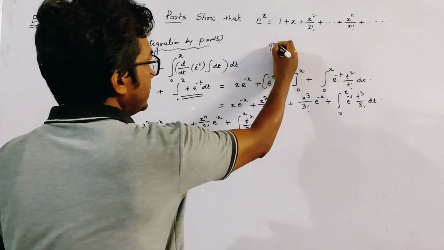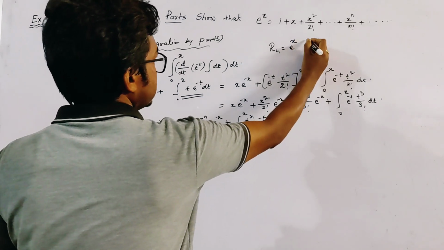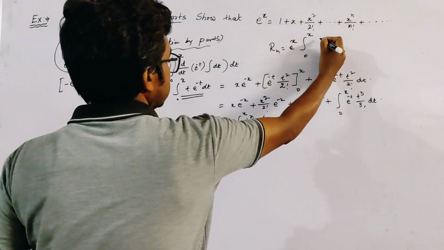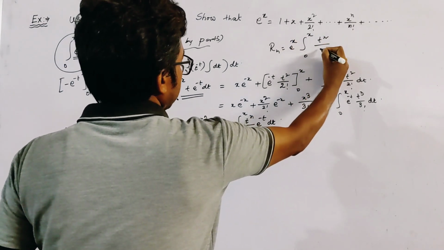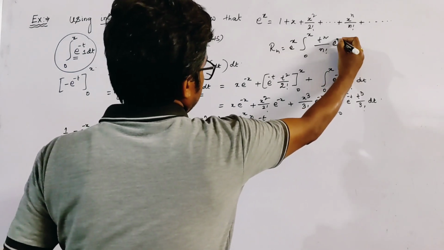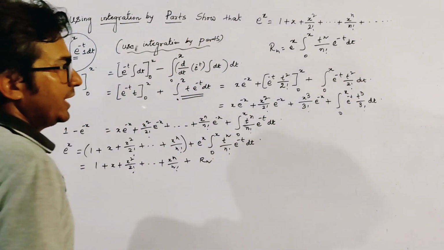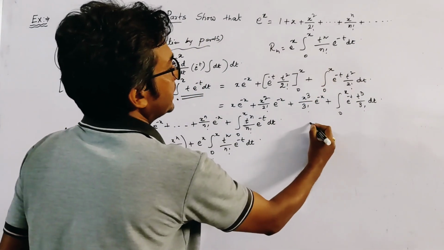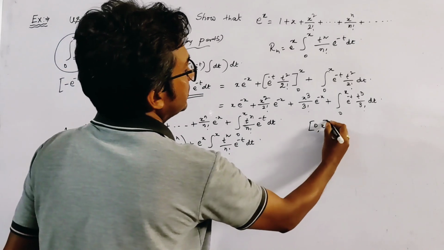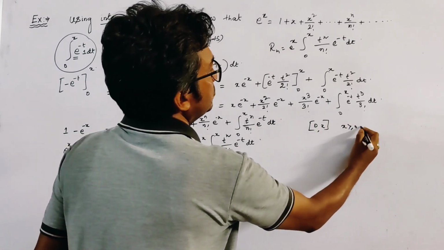Here Rn is equal to e to the power x integration 0 to x t to the power n by n factorial into e to the power minus t dt. Here the range of the integration is 0 to x, that is x greater than or equal to 0.